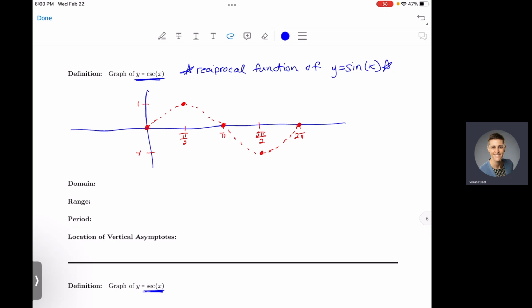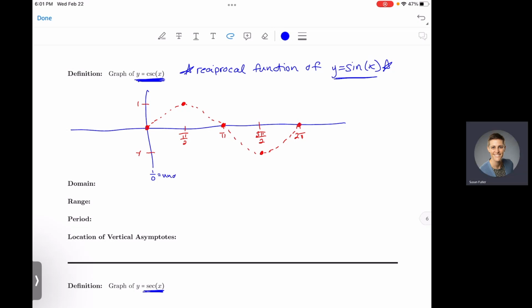Okay, so when x equals 0, the y value of our sine function is 0, or 0 over 1, which means that when x is 0, the cosecant value is going to be the reciprocal of that. The reciprocal of 0 over 1 is 1 over 0. What's 1 divided by 0?